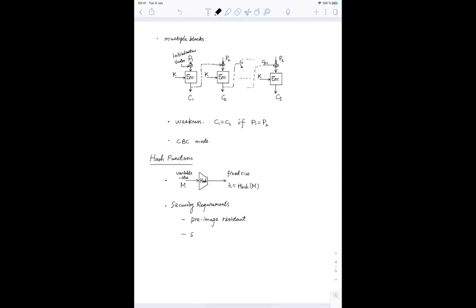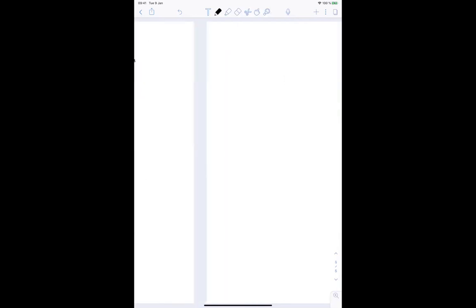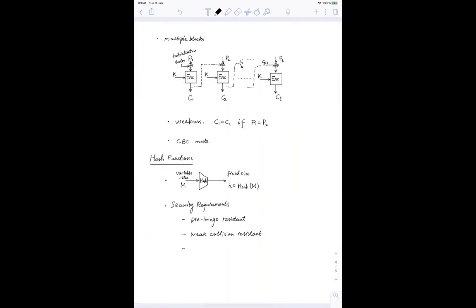And there are another 2 resistant properties: weak collision resistant and strong collision resistant.